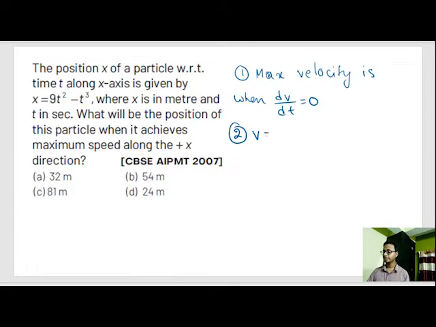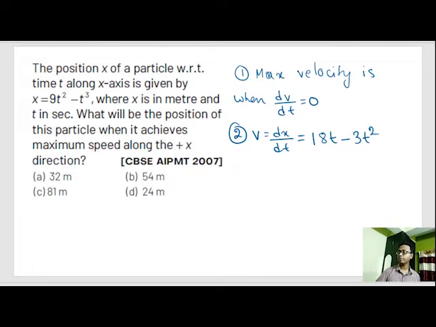Velocity is given by dx by dt. dx by dt is 18t minus 3t square. This is our equation of velocity.